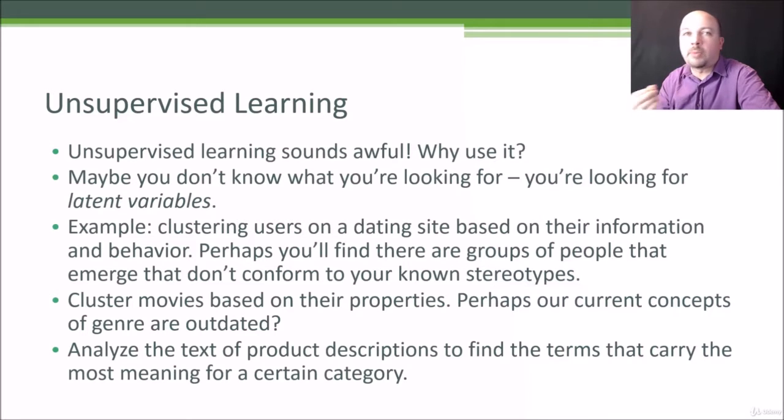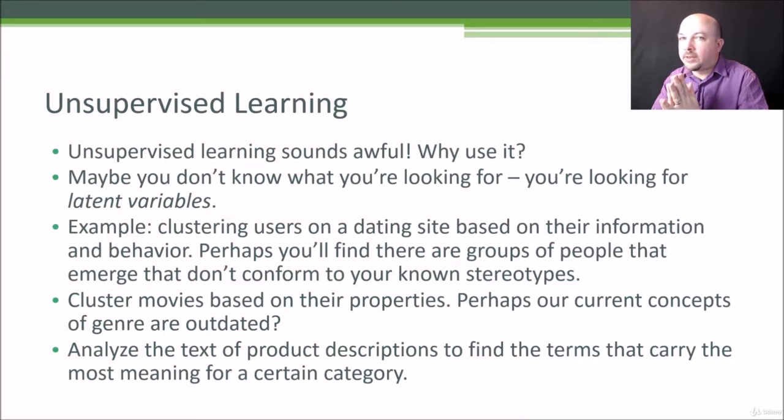So some property of your data that you didn't even know was there originally, but unsupervised learning can tease out for you. So an example, let's say I was clustering people instead of balls and dice and whatnot. And I'm running a dating site, and I want to see what sorts of people tend to cluster together. Are there some attributes that people tend to cluster around, that they tend to like each other and date each other or whatever?